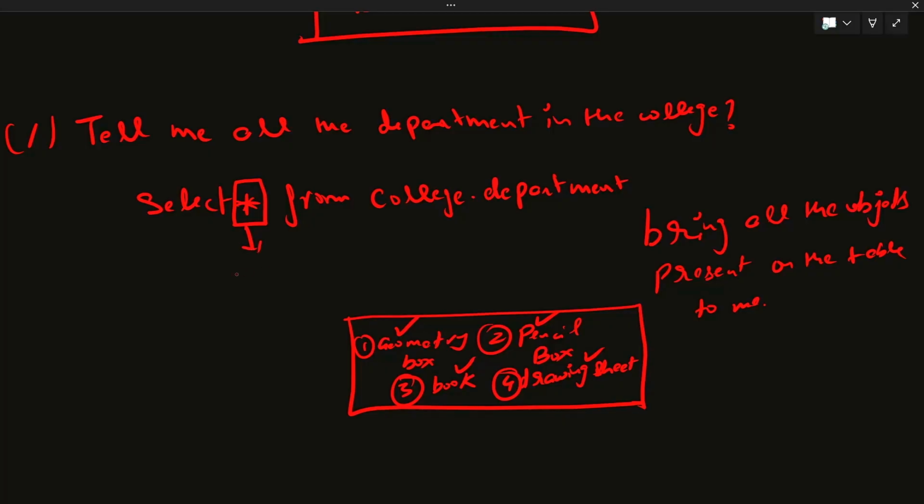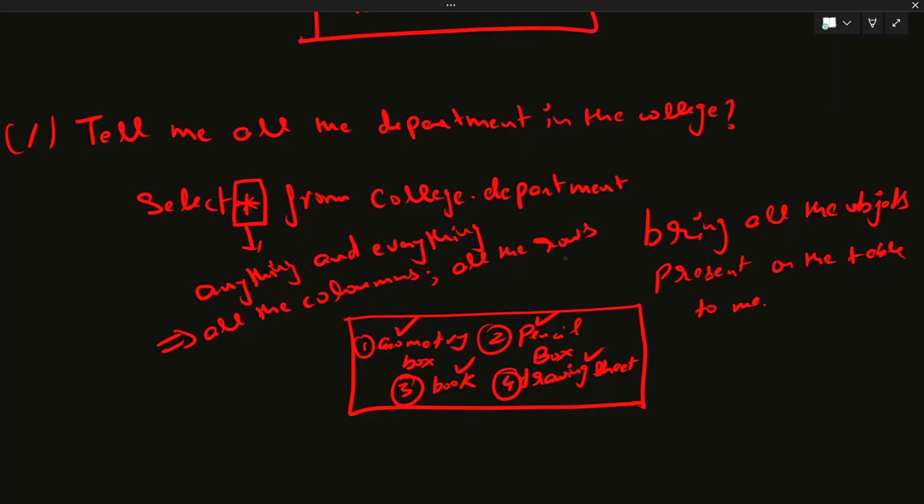Star simply means anything and everything, which simply means all the columns, all the rows, bring everything for me.